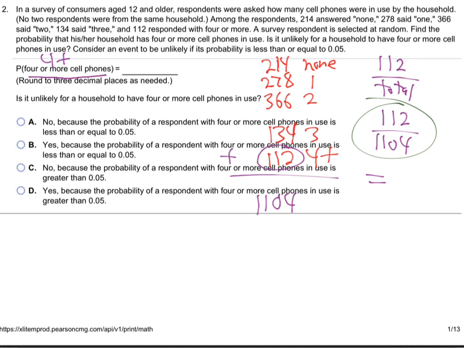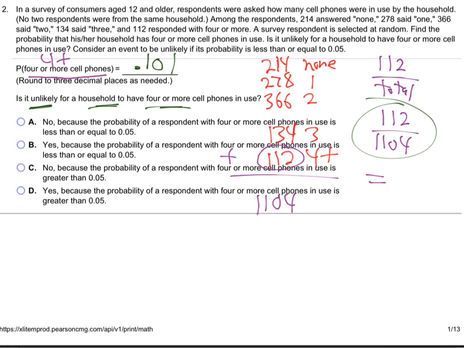But 112 divided by 1104. You can bring habits into your life that will minimize careless mistakes. Point 101. Did you get that? At the answer? Oh, did I not make, hopefully, a little mistake there? All right. And then, is it unlikely for the household to have 4 or more? Is it unlikely?